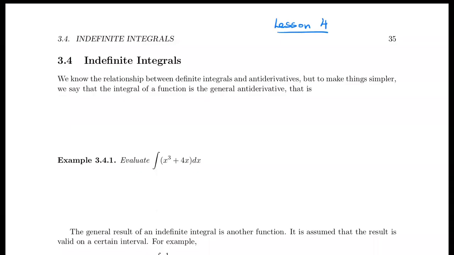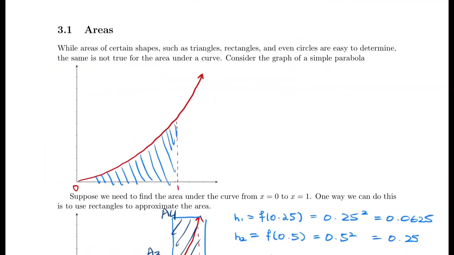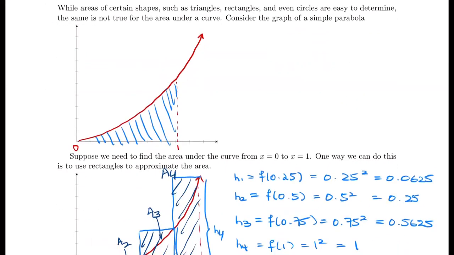All right, well, welcome back to today's lesson on integrals part two. So in the previous lesson, we had a look at the area under a curve. So we basically had a look at how we actually define the definite integral.